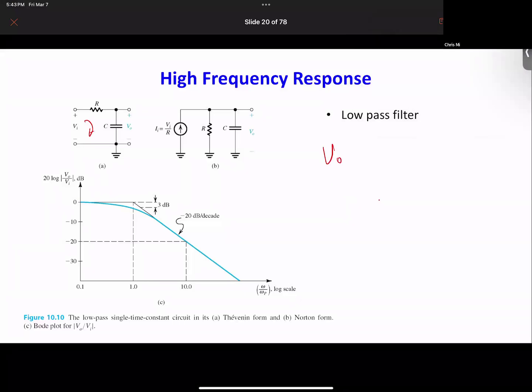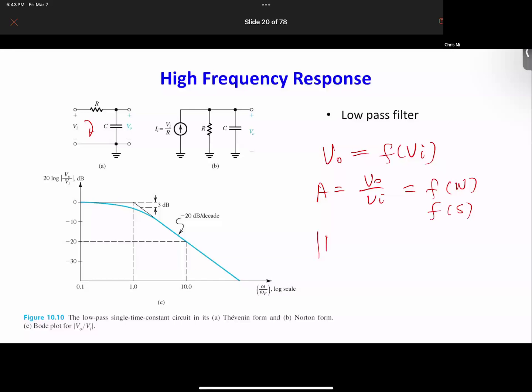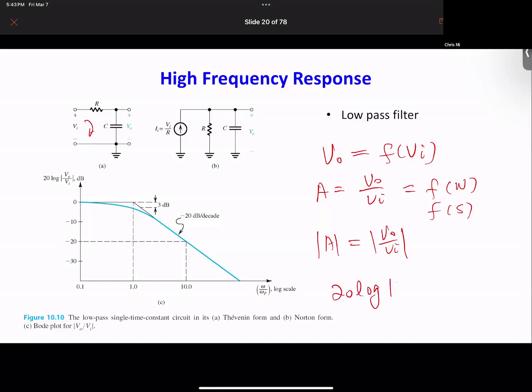So we get a voltage as a function of input. That's what you have. And then we can have the gain equal to VO over VI, which typically is a function of omega or a function of S, however you want to express it. Then we take the whole magnitude of the gain, and we take the logarithm and multiply by 20.